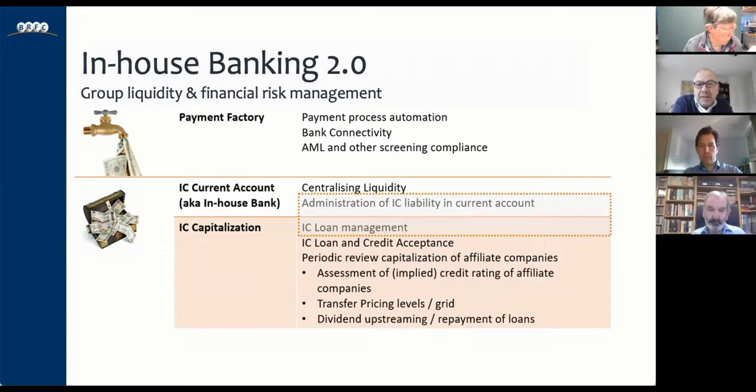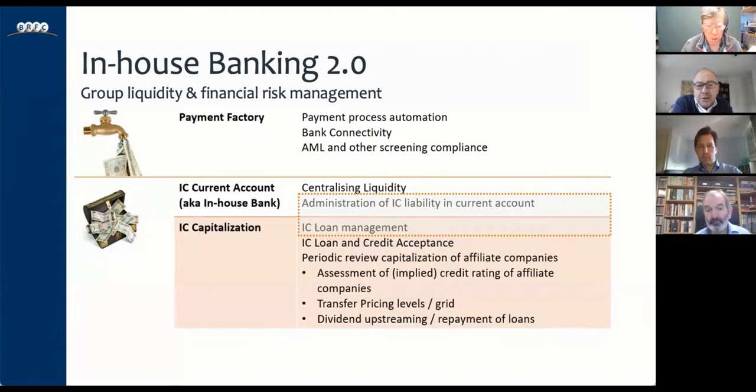Now, with these OECD tax guidelines in place and the quest for more detailed information, we need to zoom in on the liquidity per individual subsidiary more closely than ever before. And if we combine the administration of the intercompany current account with a more detailed administration of intercompany loans, I think we have a key building block for the reporting and the information requirements that tax inspectors may look for in the local and the global file, but also in their queries afterwards.